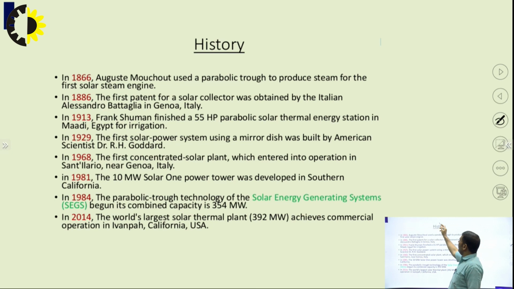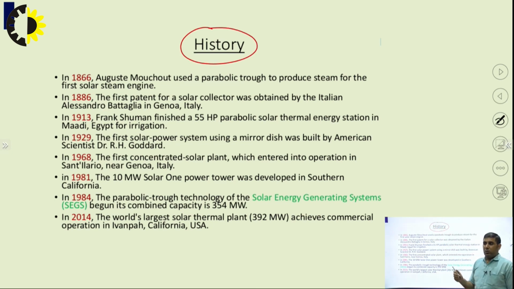Before we go into the detail about the solar thermal power generation concept, a little bit about the history. So where did it start? In 1866, about 155 years before, Auguste Mouchot used a parabolic trough to produce steam for the first solar steam engine.